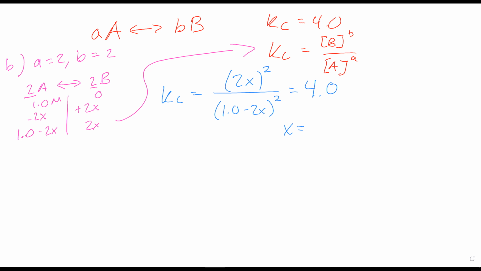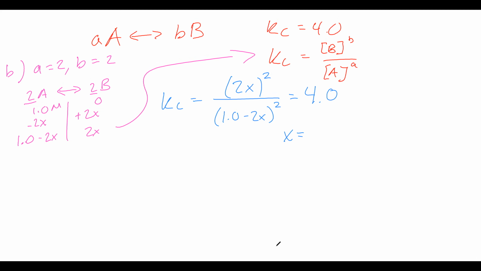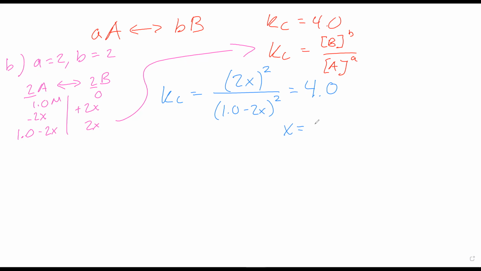I'm going to assume it is here. So we're going to assume x is 0.3 because it would be unreasonable to assume that at equilibrium, all of the reactant is consumed, because 1 minus 1 would be 0. And that doesn't make sense because it's just equilibrium. So if x is 0.3, then I can solve for the equilibrium amounts.